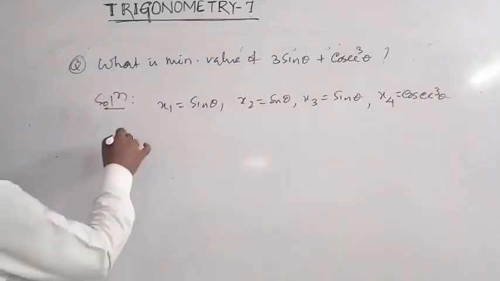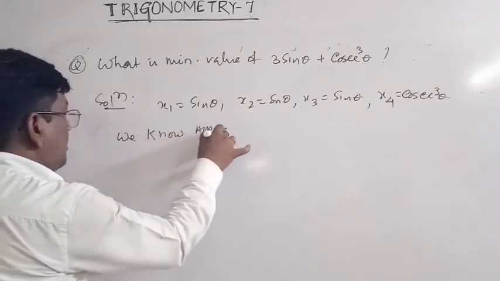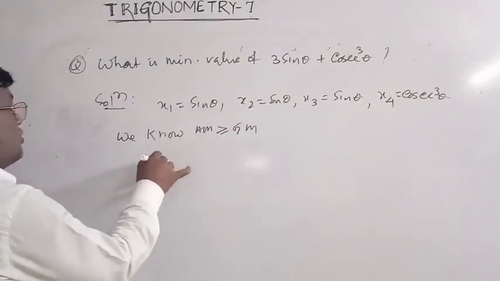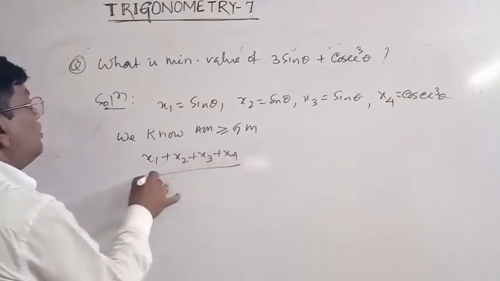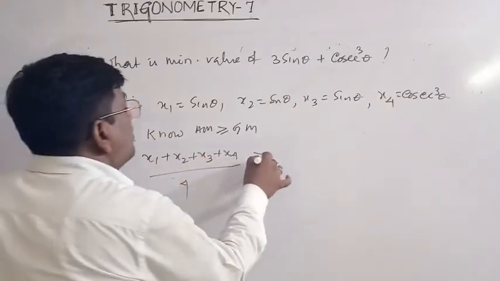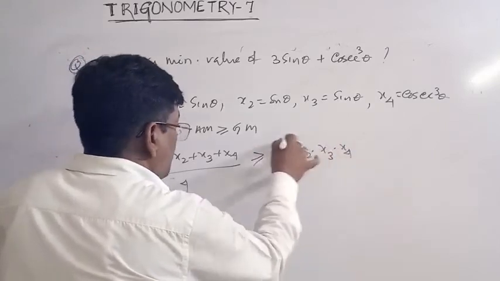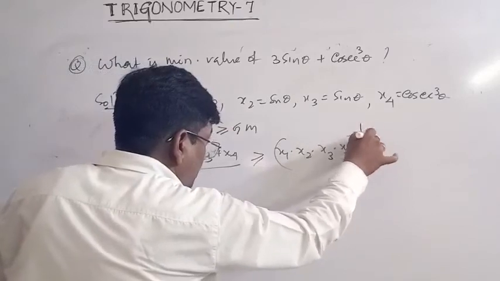So we know AM is greater than or equal to GM. So x1 plus x2 plus x3 plus x4 divided by 4 is greater than or equal to x1 into x2 into x3 into x4 to the power 1 by 4.